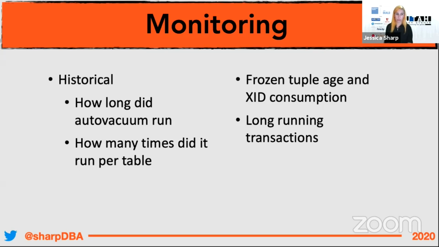This sounds like a small thing, but it's important. This can very quickly alert you: okay, we need to look at this. We had a few instances with a problematic four or five tables, all between 300 and 600 gigabytes in a multi-terabyte database, and Autovacuum.